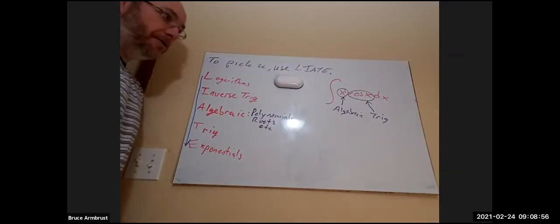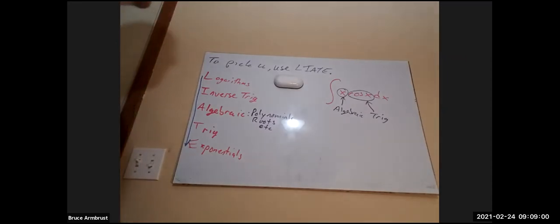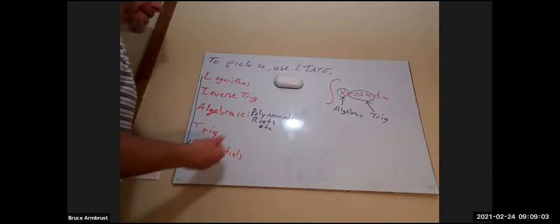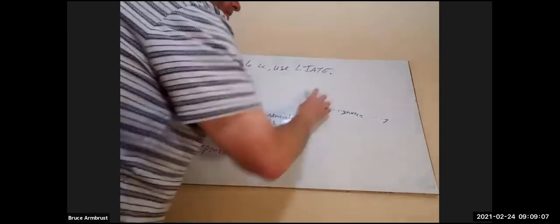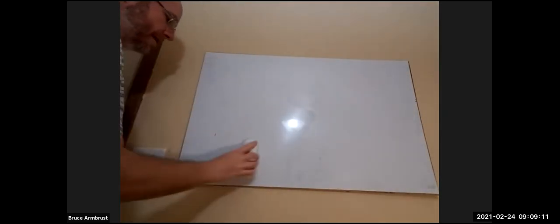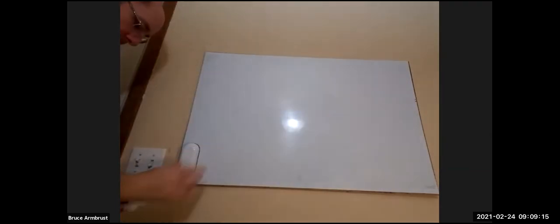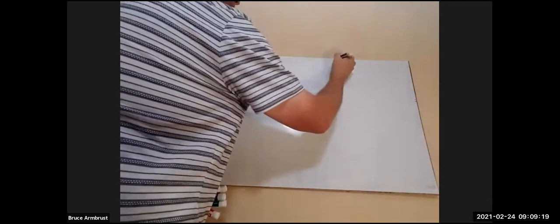All right, so let's try some more. Let's play around with some other forms, some other things that are in here, and sort of see what happens. The other thing I'm going to do is put up here in the corner of the board the integration by parts formula, just so that we've got it.